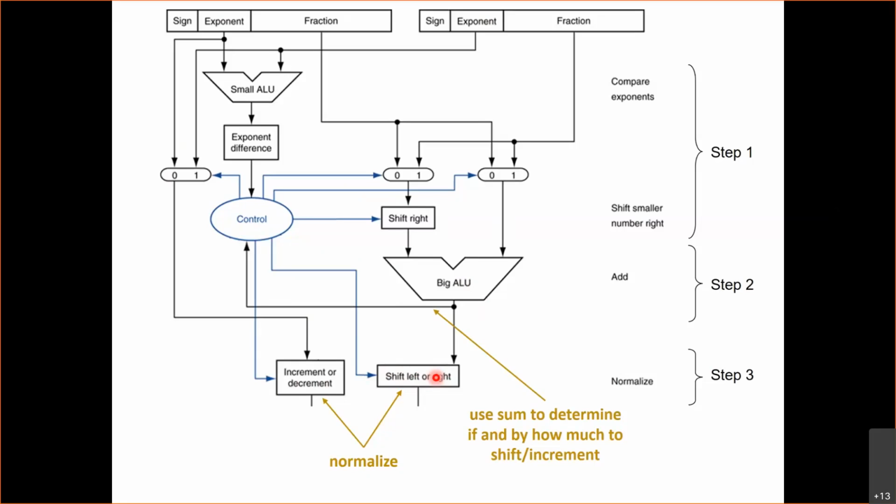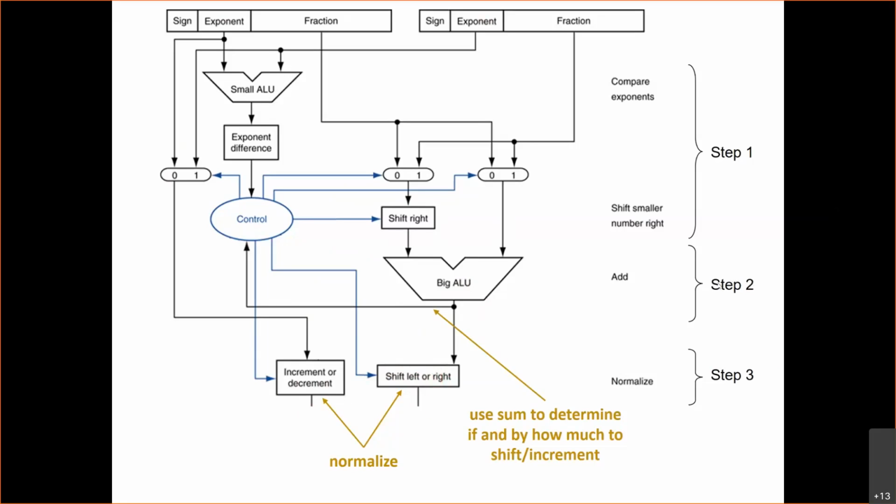And then what's the final step? Now I have my normalized significand, my normalized exponent. What do I do then? Someone's asking, shouldn't we add the one from what's on the left of the exponent before we add?